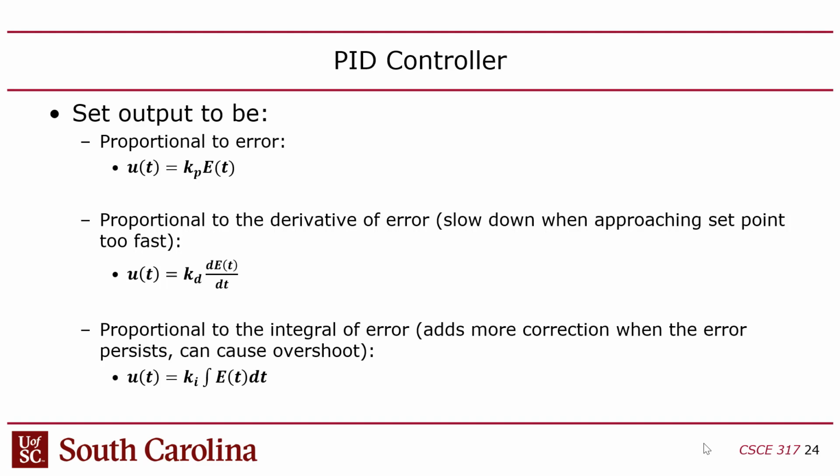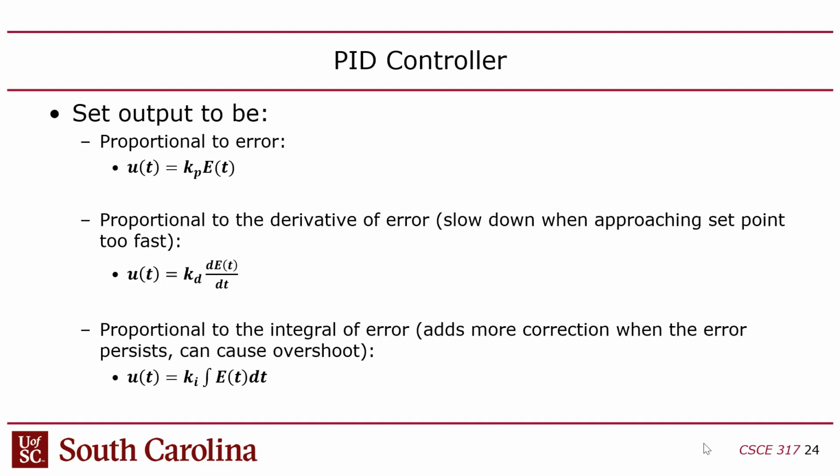Of course, the error is the input to the controller. And then the integral is multiplied by the integral of the error. So you have the error, the derivative of the error, and the integral of the error, and coefficients that multiply against each one.